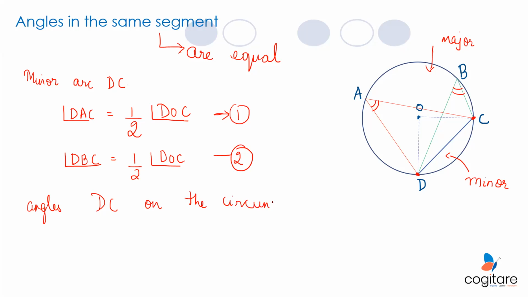So if you're from the GCSE or IGCSE curriculum, then you might see this nomenclature used. Angles subtended by the arc DC on the circumference are equal. If you're from CBSE or ICSE, then this is something you need to be familiar with: angles in the same segment are equal.